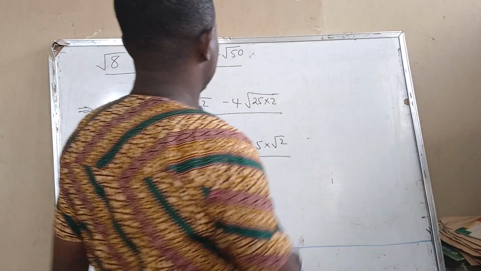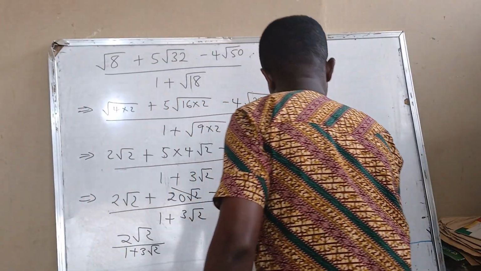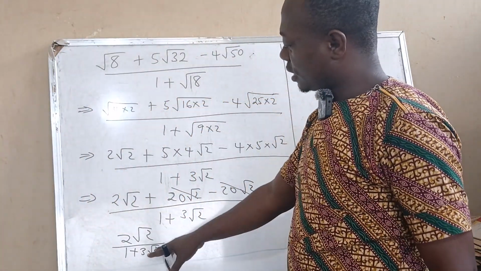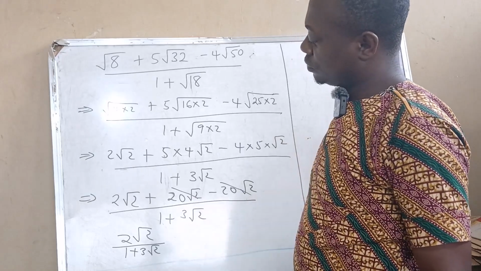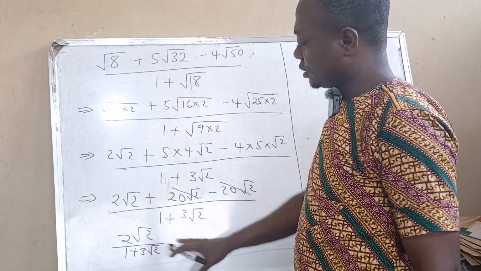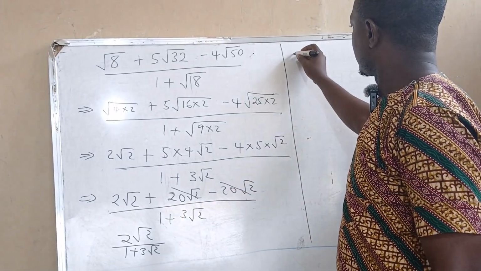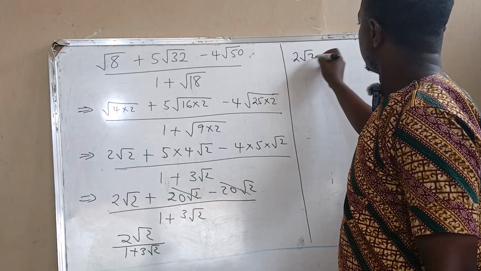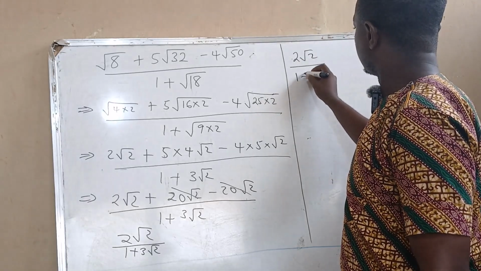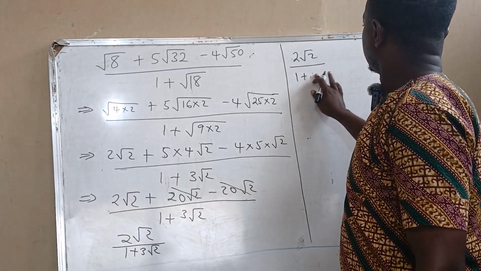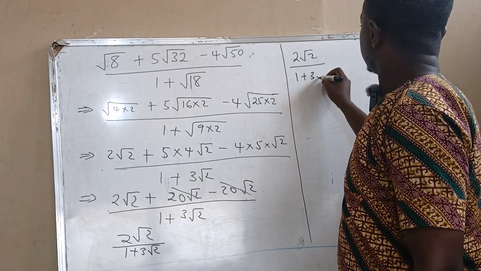Now from here, don't forget that we are not done yet. We need to rationalize this one. So we can probe further by rationalizing it. So that will be this over 1 plus 3 root 2.